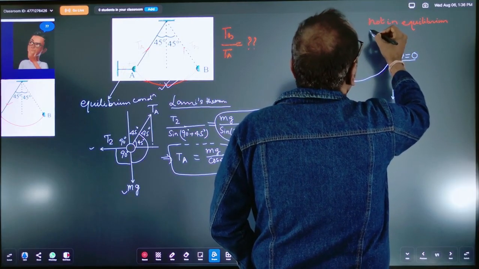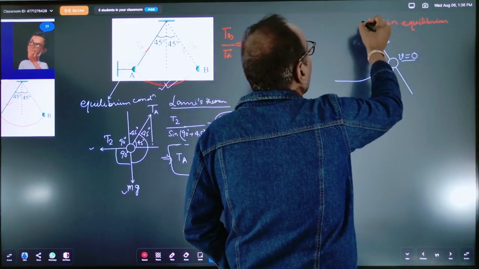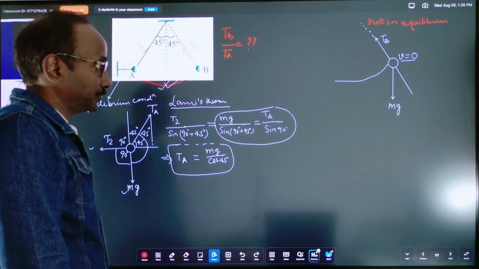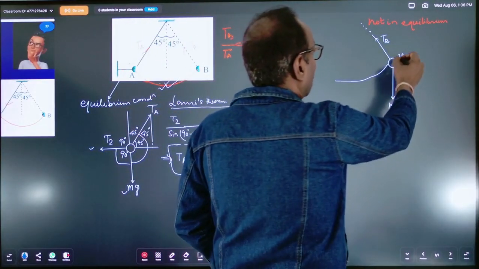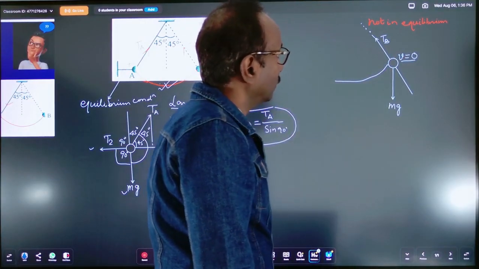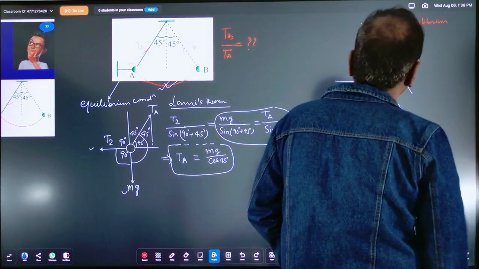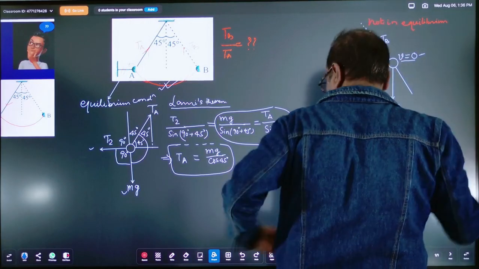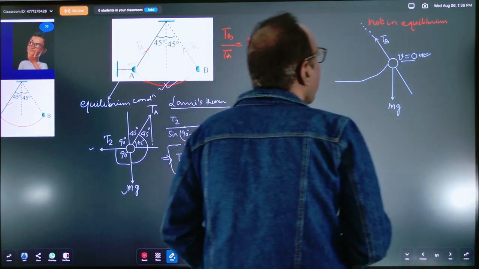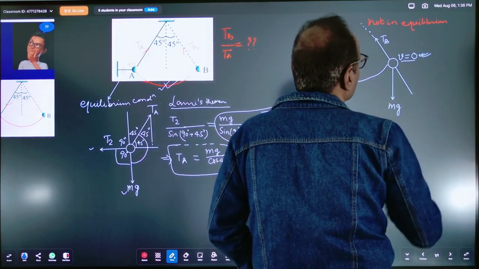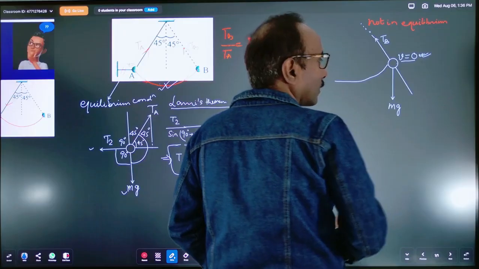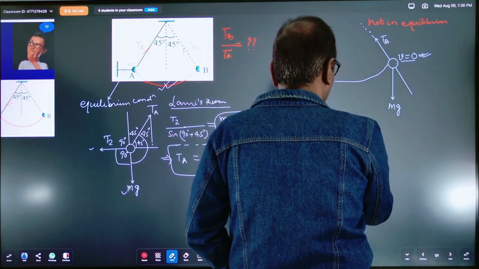This direction is towards the center about which the ball is moving in that circular arc. So we know from circular motion, since V is 0 here, the net force in this direction should be 0.